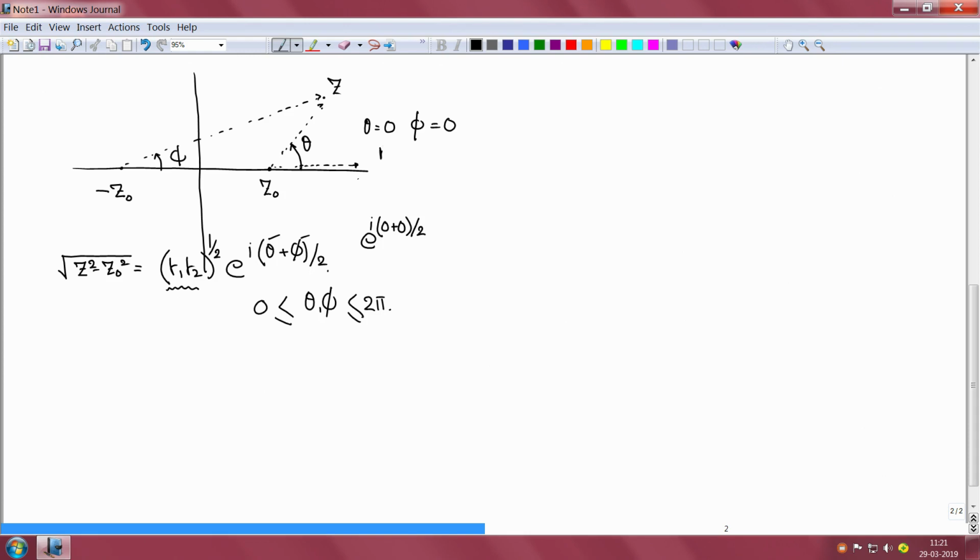Now let us see just below this. Just below I have theta equal to twice pi, because theta has gone full round, and theta is 2 pi here. Similarly phi goes full round, and here phi is 2 pi.